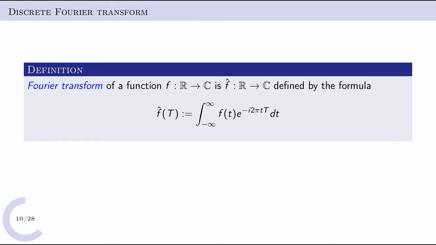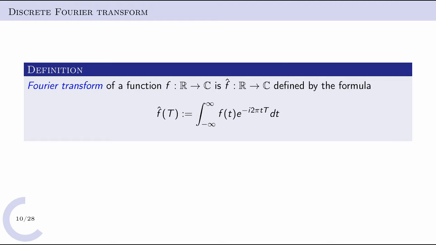So now that we know what a standard Fourier transform is, we can discretize it. The Fourier transform was a function whose domain and codomain were the whole real line, so it has a continuous domain and continuous codomain. Now the discrete Fourier transform discretizes both the domain and the codomain.